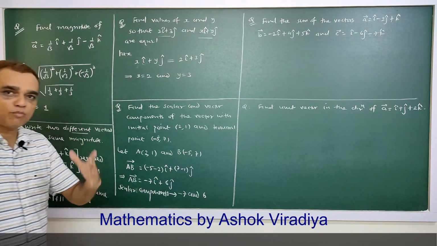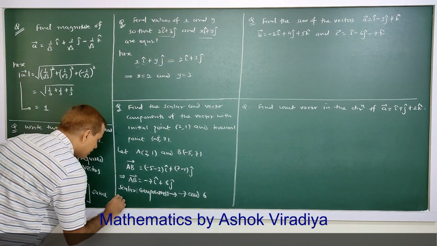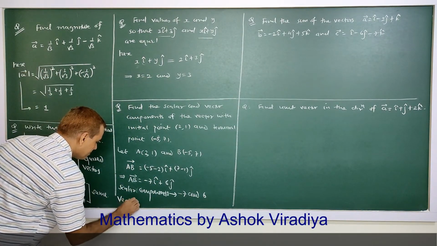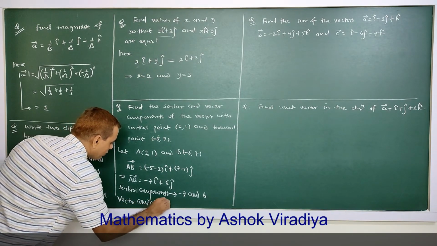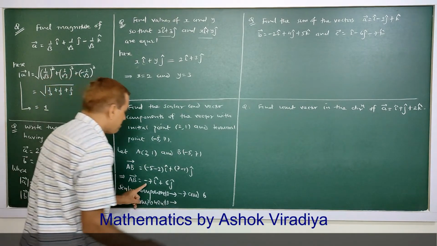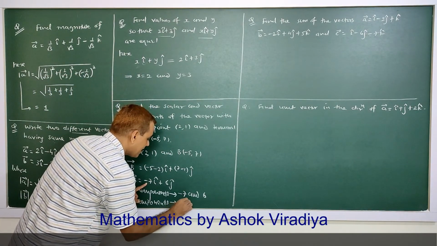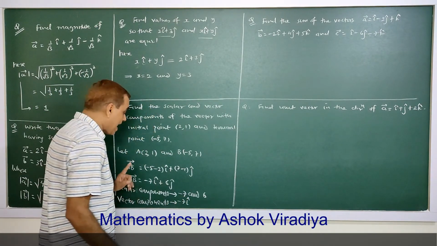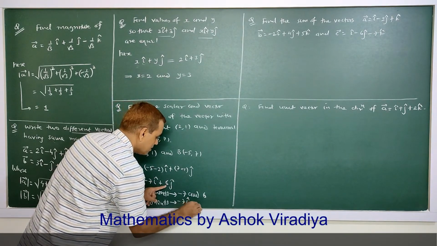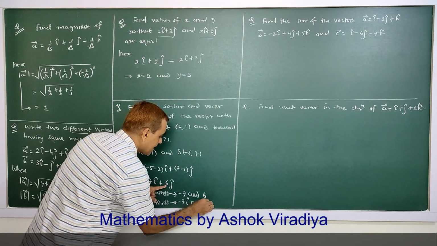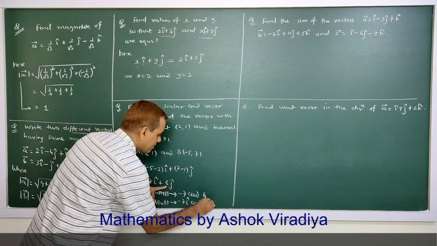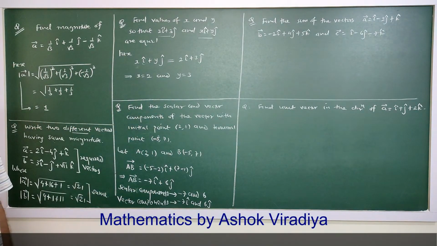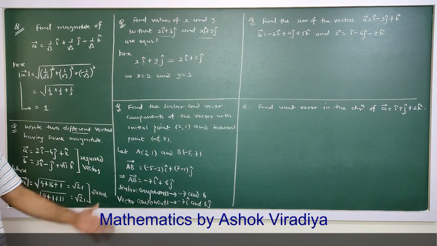These are the scalar components, and the vector components of this vector are -7 times i cap and 6 times j cap. These are the vector components.